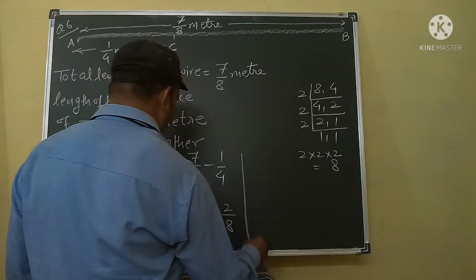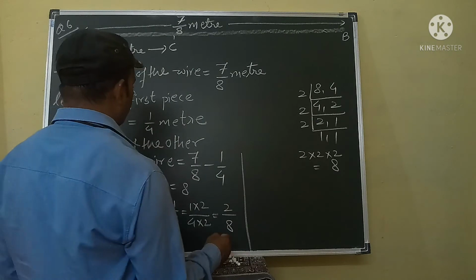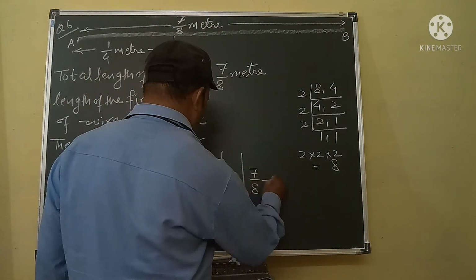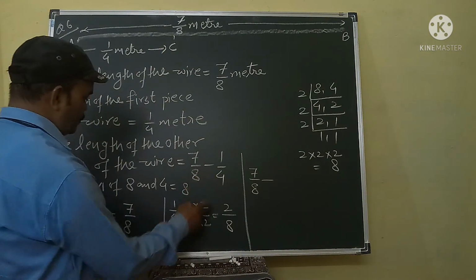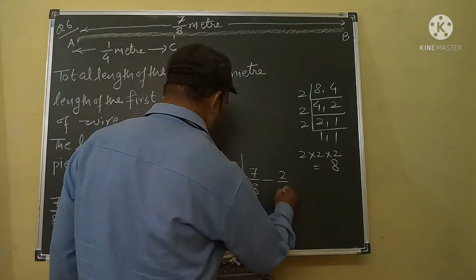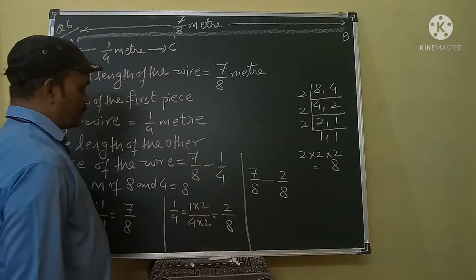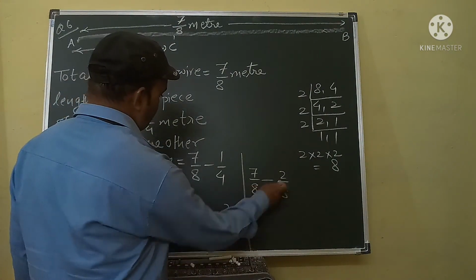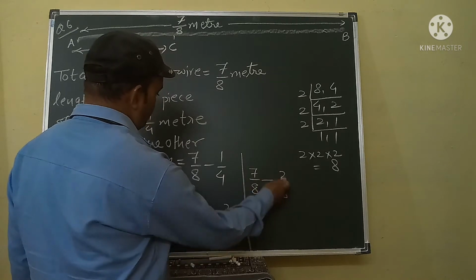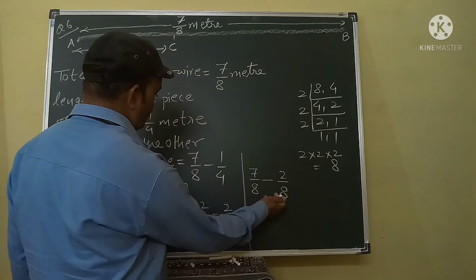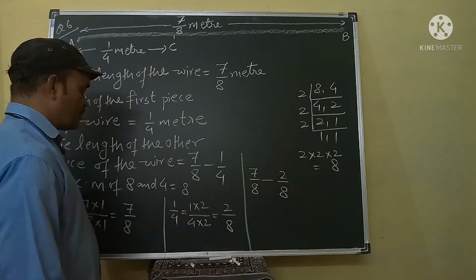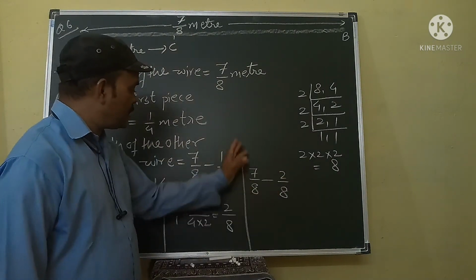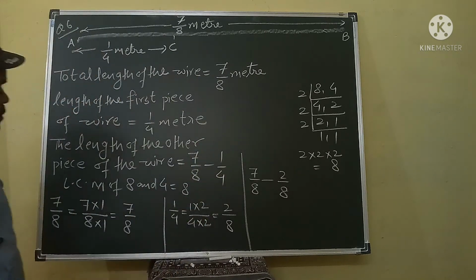Then what will you get? 7 upon 8 minus 2 upon 8. In these two fractions the denominators are the same, that is 8, and these two fractions are like fractions.